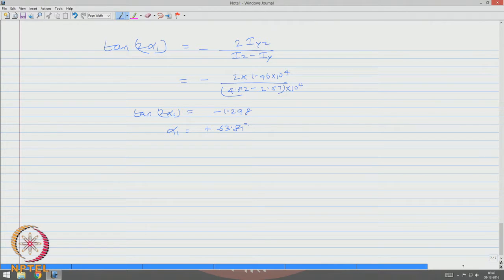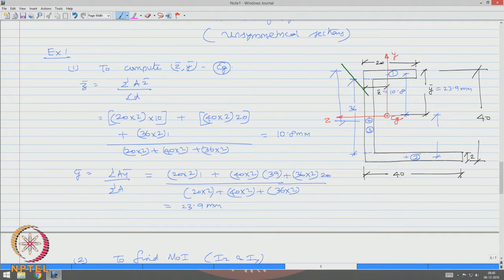So, let us try to plot this. This is my u, this is my v, and this angle is 63.81 degrees, which is alpha 1.